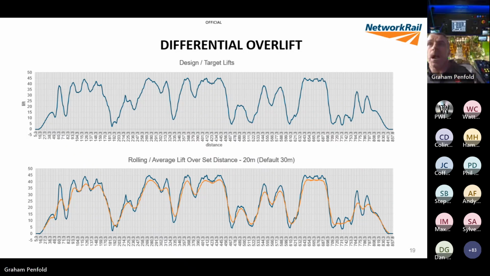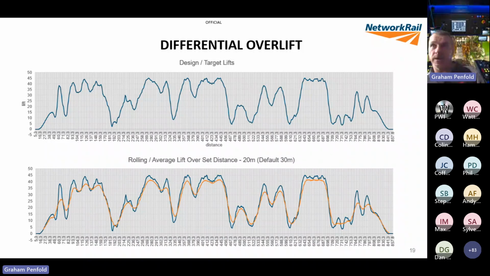Now, the graph below is the rolling averages. Just for the example, I changed this to 20 meters. So this is a 20 meter rolling average, so instead of 15 meters either side of applied lift, I am now looking at 10 meters either side. As you can see, the orange line is the rolling average there.